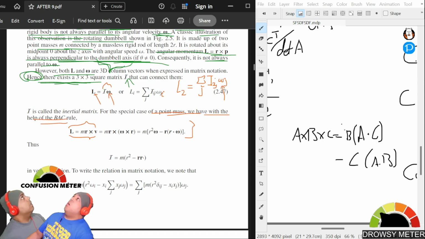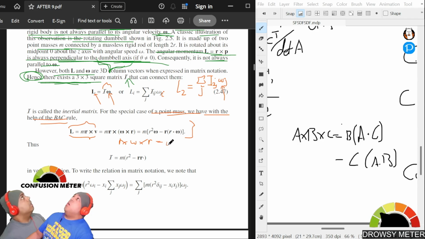So M R cross omega cross R. R cross omega cross R equals, omega is B, right?